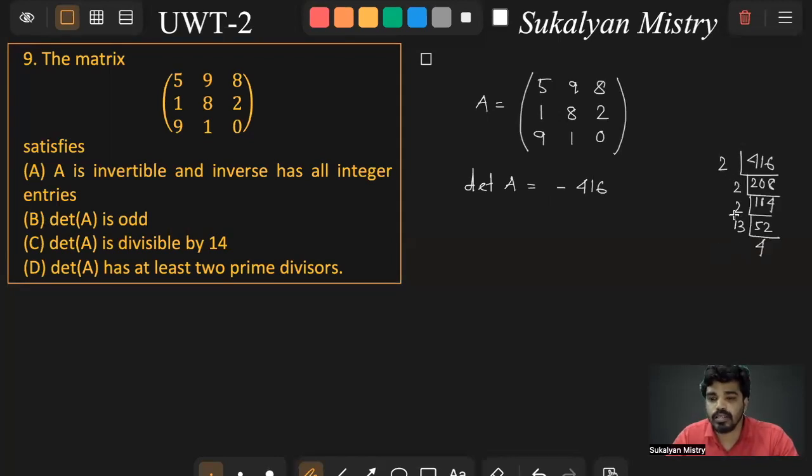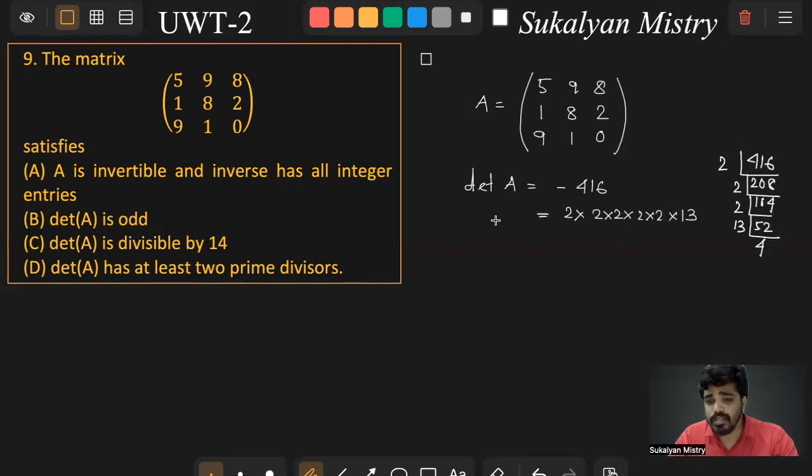Okay, so what do we get? That means you get 2 into 2 into 2, that is 8, 32. Here, 2 into 2 into 2, 4 means 2 into 2 into 13.